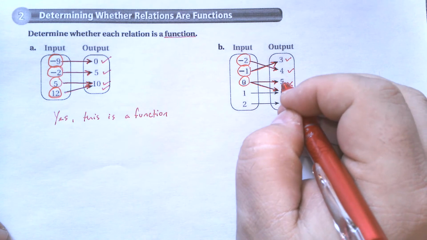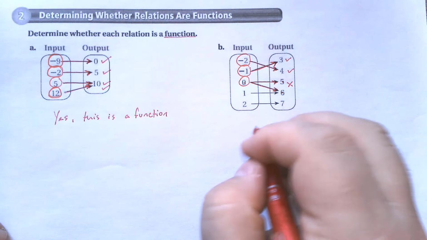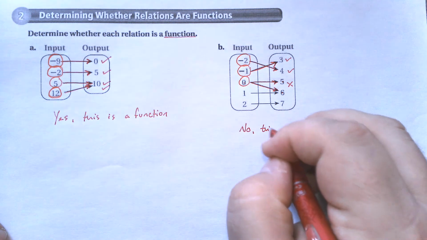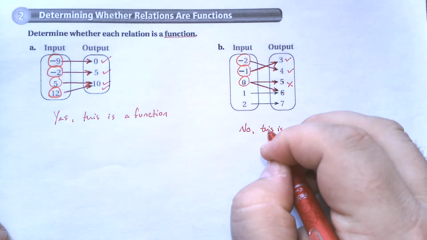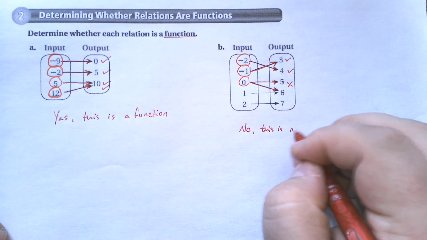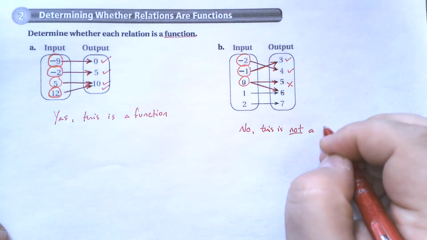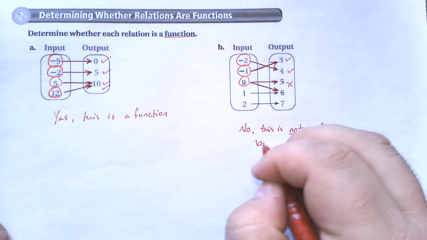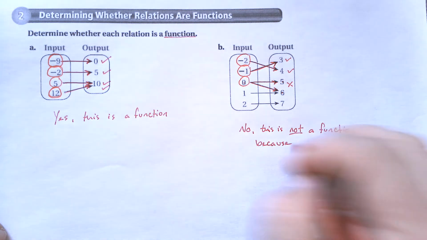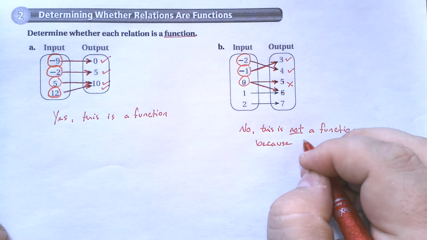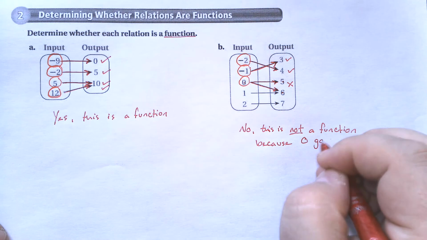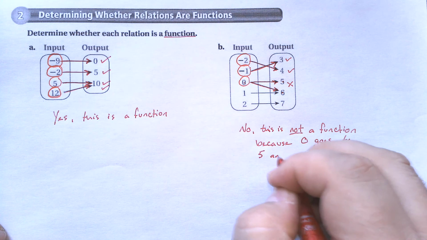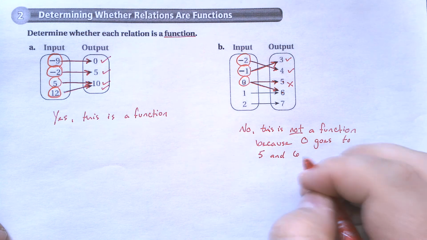Something will cause it to go to 5, something will cause it to go to 6. So no, this is not a function because 0 goes to 5 and 6.